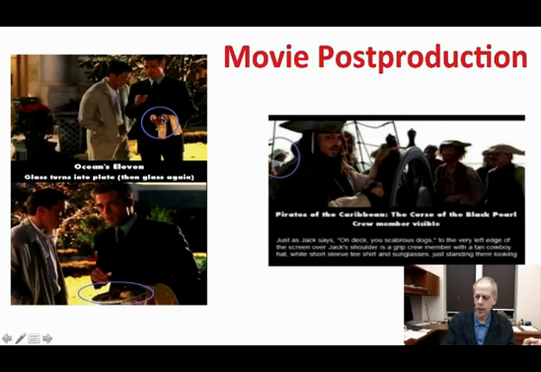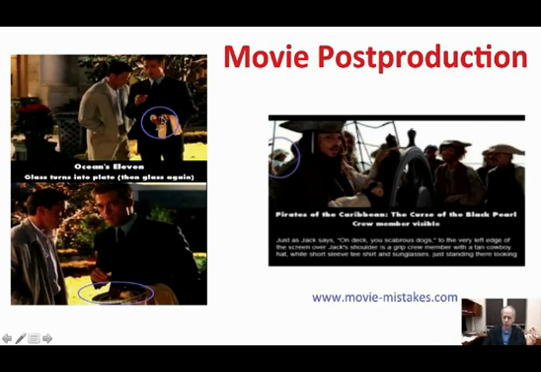There are mistakes in almost all the movies, and there's a website that shows them. If after that you go and see the DVD or different versions of the movie, these mistakes were repaired. And how were they repaired? With something called image and video inpainting. And we're going to learn about that.